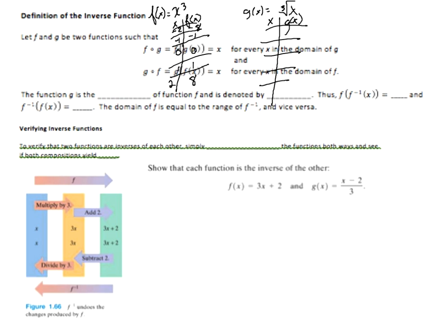Now if I come over to my g of x function, I'm going to choose these values so that they are perfect cubes. The cube root of -8 is -2. The cube root of -1 is -1. The cube root of 0 is 0. The cube root of 1 is 1. The cube root of 8 is 2.